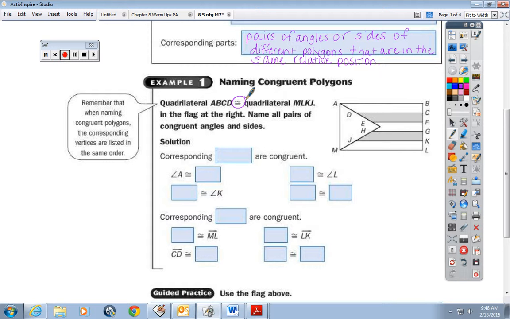What that means is that this picture from A to B to C to D matches the same one from M to L to K to J. They're equal. So the corresponding angles are congruent.